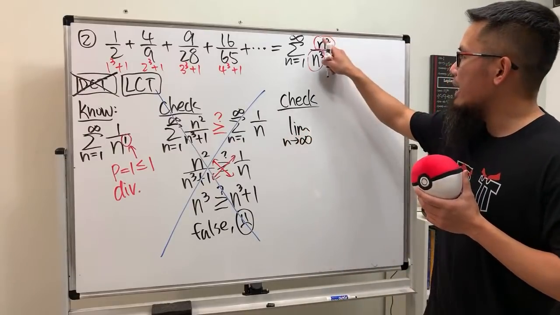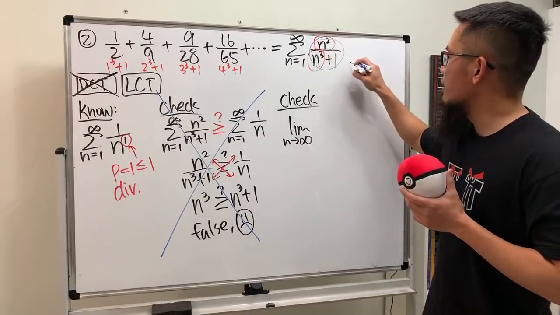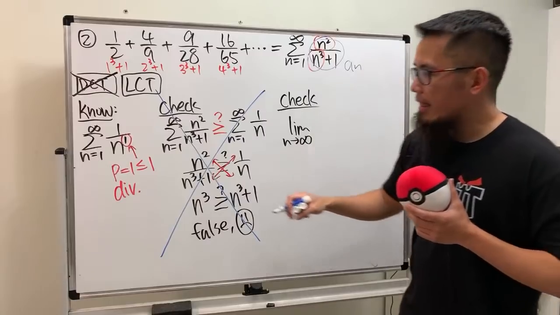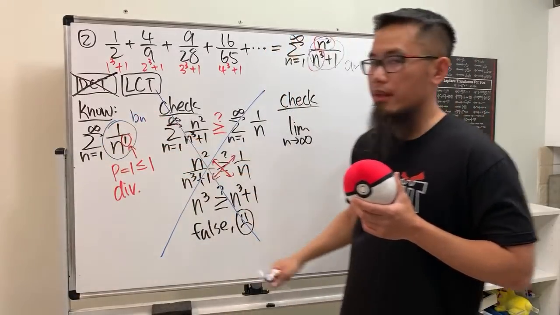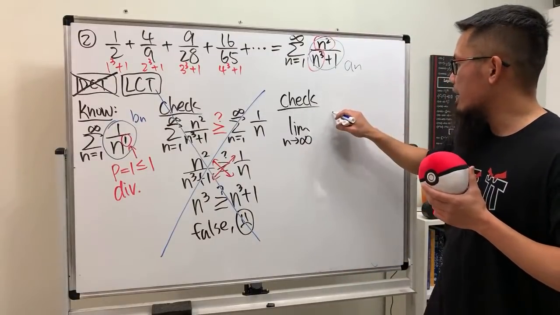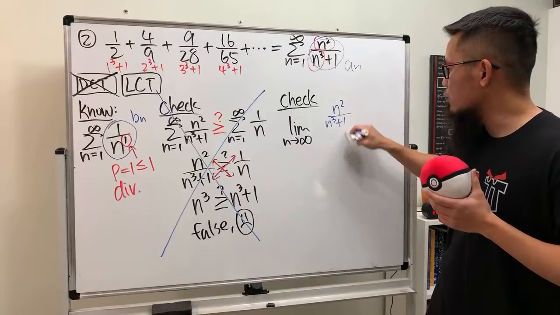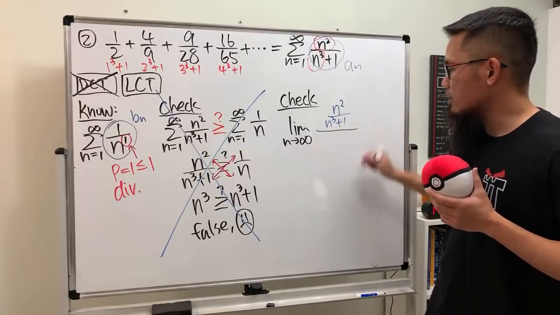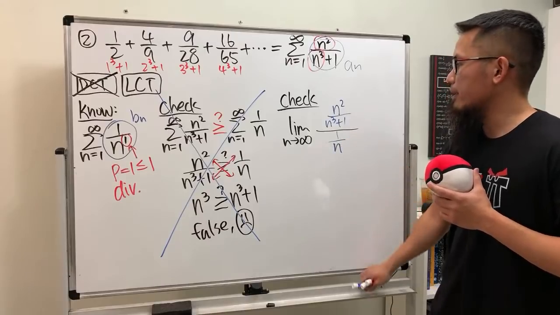And remember, a_n is the one that we are trying to do, which is this right here. This whole thing is the a_n. And then the one that we know that's much easier, this right here is the b_n. And we're just going to write down a_n over b_n, which is n squared over n to the third power plus 1, over b_n, which is 1 over n, like so.